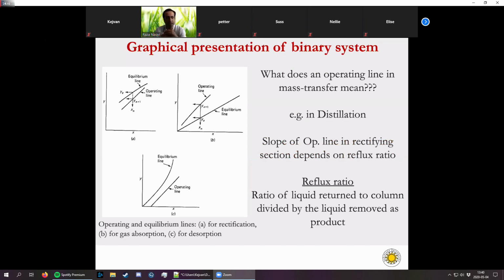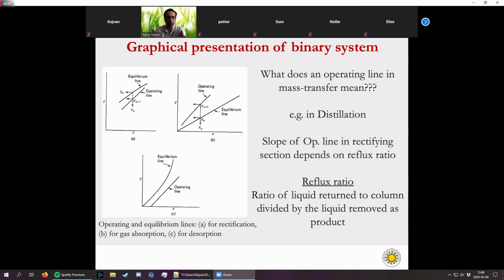And how can we calculate the slope of the operating line? The slope of the operating line in the rectifying section depends on the reflux ratio. I will show you tomorrow how you can calculate the operating line for the stripping section and the operating line for the rectifying section in distillation. And normally they are dependent on the reflux ratio.